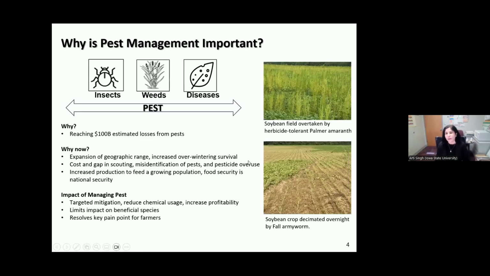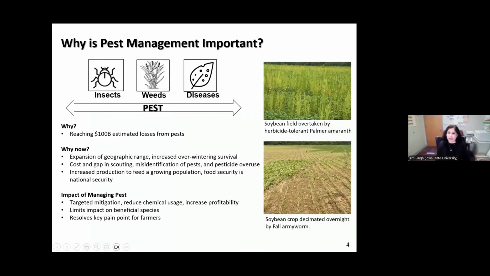If you look at these 2 figures on the right side of the screen, the top figure is of a soybean field, which is strangled by herbicide-tolerant waterhemp, and the bottom image is of a soybean crop decimated overnight by fall armyworm. If you see these 2 examples, these are not rare cases.